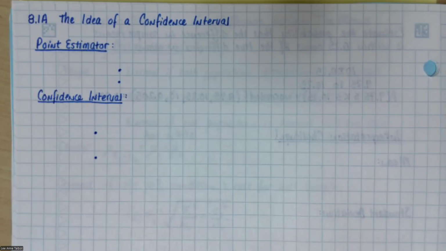Isn't that exactly what we've been doing the whole year? Yeah, except now we're actually going to take a sample and make calculations to estimate something about a population. So we're not going to pretend we're doing it, we'll actually do it with real studies and numbers and things.